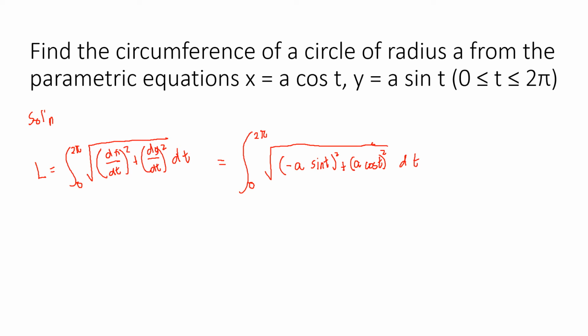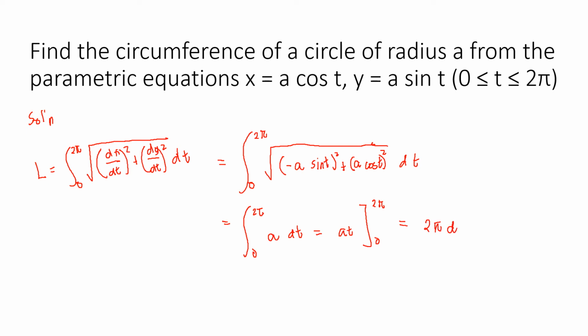This can be simplified to a dt, which is the integral of a dt from 0 to 2 pi, which is equal to 2 pi a.